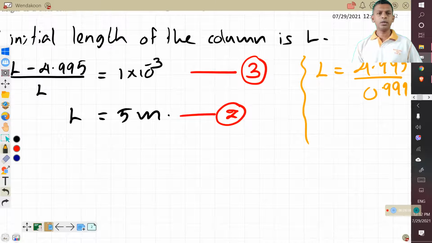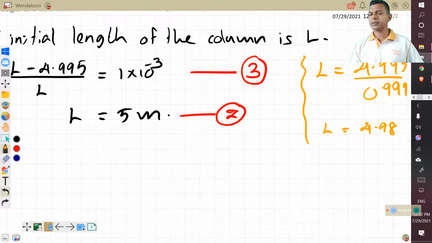If you use log, you will end up with L equals 4.98, not exactly 5. But if you consider the usual simplification, 5 into 0.999 is 4.995. If not, 5 into 999 is 4995. Therefore, this can be divided directly without using log.